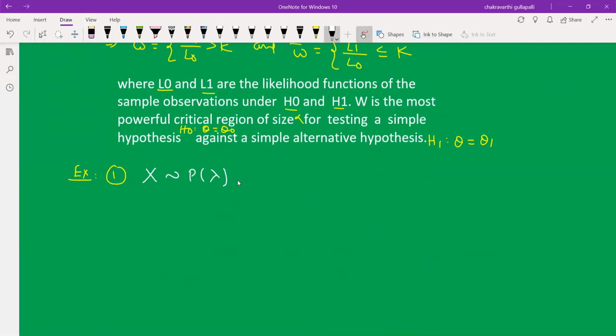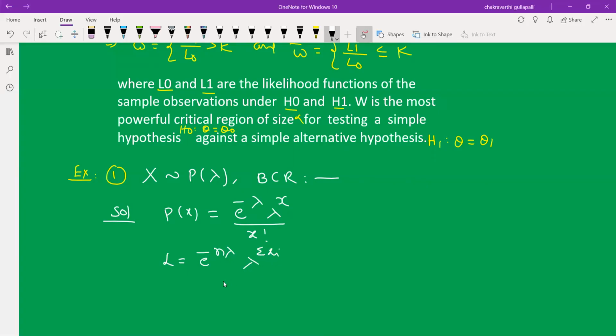Now we have to find the BCR. First of all, the probability mass function, you know very well, is e power minus lambda, lambda power x by x factorial. The likelihood function is e power minus n lambda, lambda power summation xi by product of xi factorial.